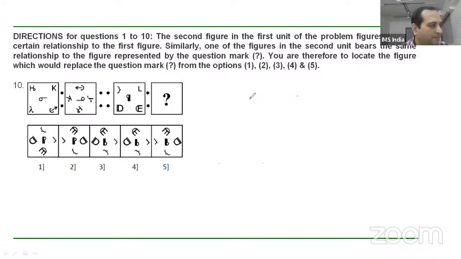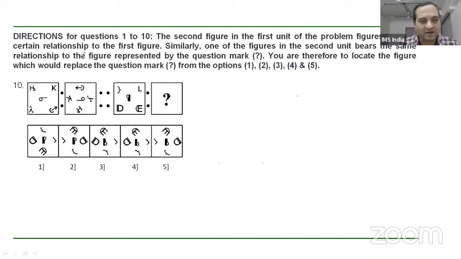Gautam, check. Vaishnavi, check. Nishan, check. No problem, Sonu. No problem.